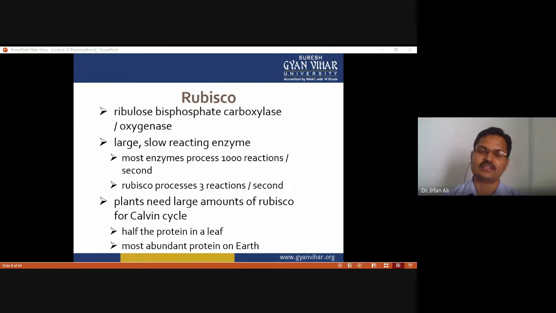That's why this is a slow reacting enzyme. Plants need a large amount of Rubisco to continuously carry out the Calvin cycle. If we talk about plant protein, half of the plant protein is Rubisco. You know that enzymes are proteins, and the most abundant protein on the earth is Rubisco, because all plants have the enzyme Rubisco.